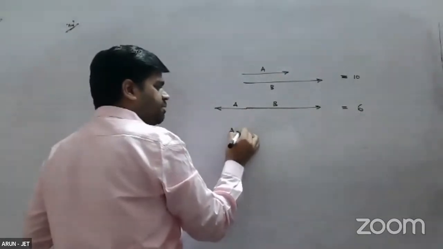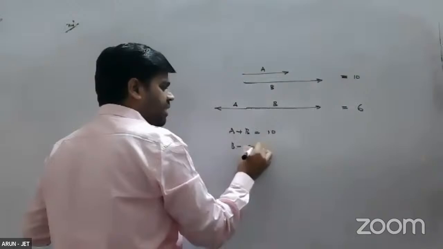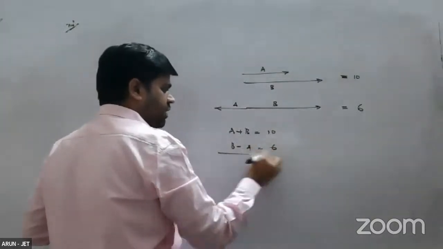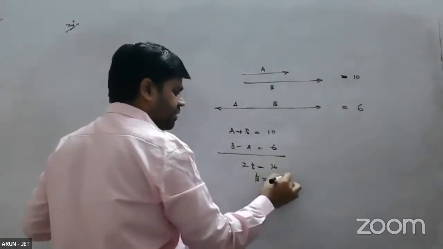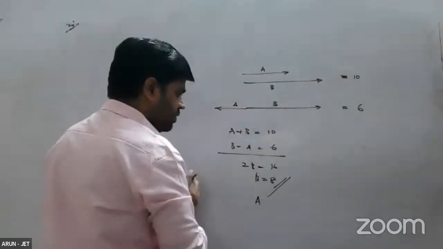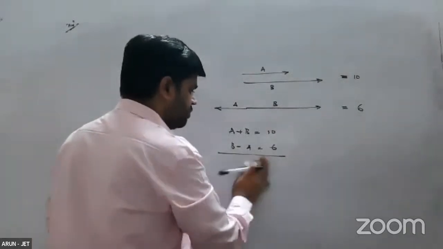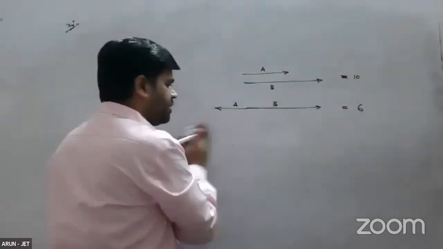So I can write A plus B is equal to 10 and B minus A is equal to 6. So I'll add these two. I'll get 2B is equal to 16, B is equal to 8, and A is equal to 2. Now, can you solve these two equations? Find out A and B. I'll write it bigger.